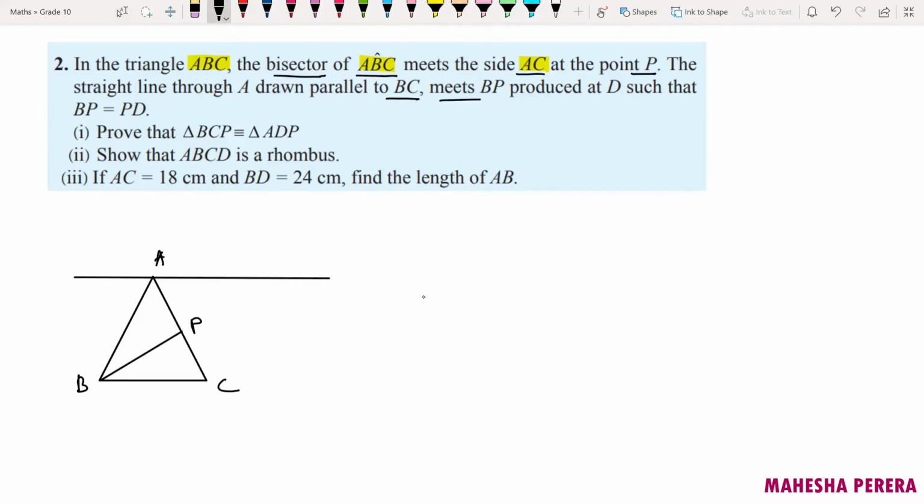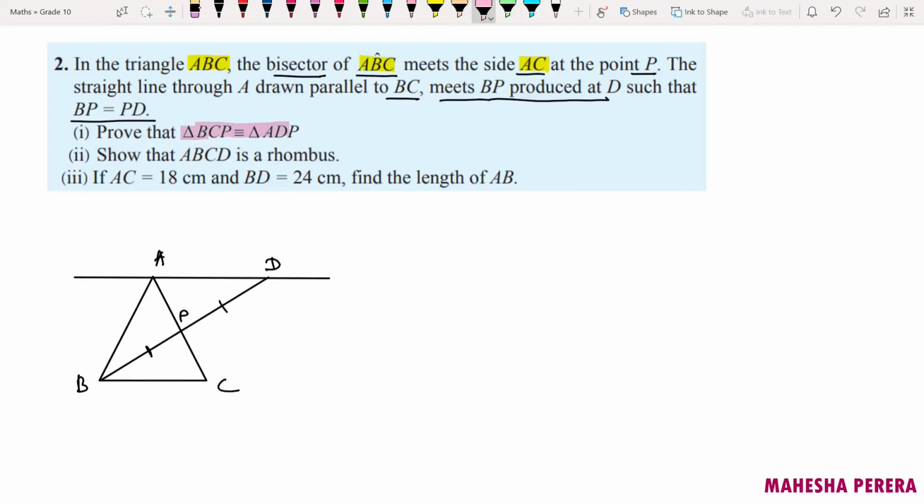Right, next, it meets BP produced at D such that BP equals PD. So we need to produce BP and it meets at D. So here is our D. Okay. Now BP equals PD. So let's mark BP equals PD. Right. First we need to prove that triangle BCP is congruent to triangle ADP.